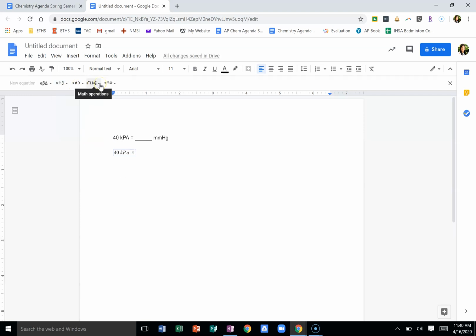And then I want that fraction because I want to show my factor label method. So I come up here and I hit this fraction button right here. And it allows me to type on top. So in this case, it's going to be 760 mmHg. And then to get to the bottom of the equation, I just use my mouse and I use the cursor and I click to the bottom.